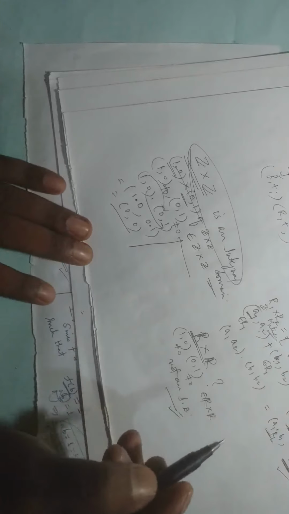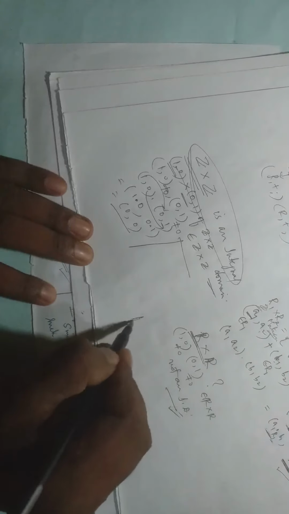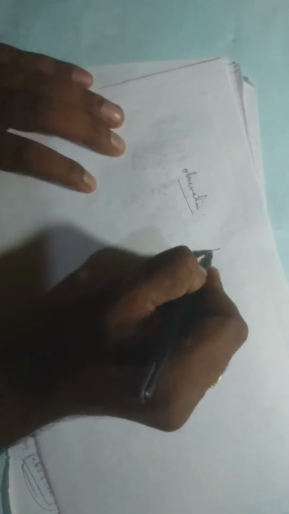Is it clear? In general, you can say for any field. Is it clear? It's not an integral domain. So let me write it in observation. Observation: R cross R is not an integral domain.